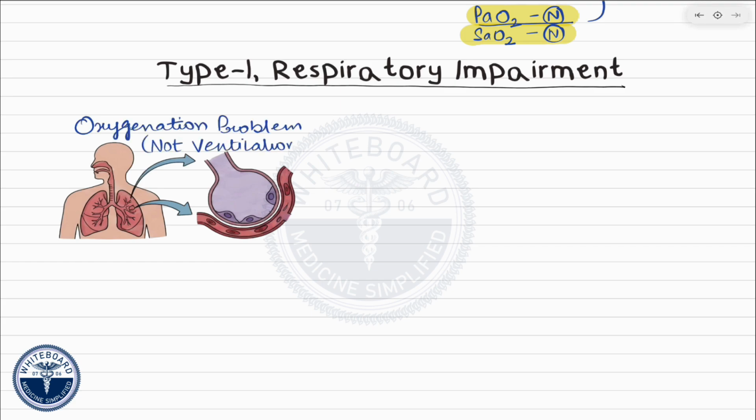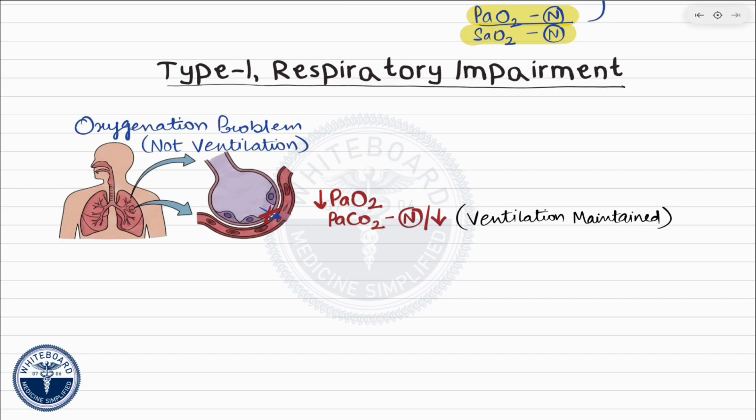In other words, the lungs are having difficulty getting enough oxygen into the blood, so the PaO₂ becomes low, while the PaCO₂ is usually normal or even low. This tells us that the patient is still ventilating adequately and is able to remove CO₂, but oxygen is not being transferred effectively from the alveoli into the blood.